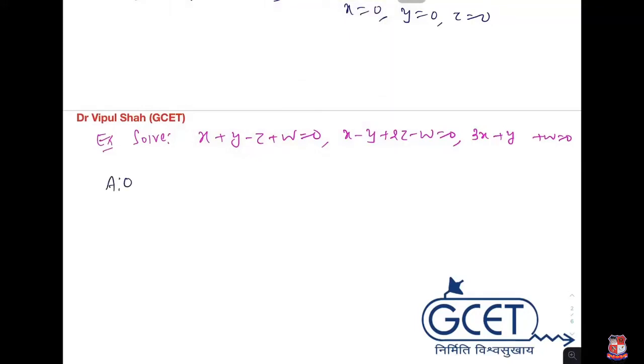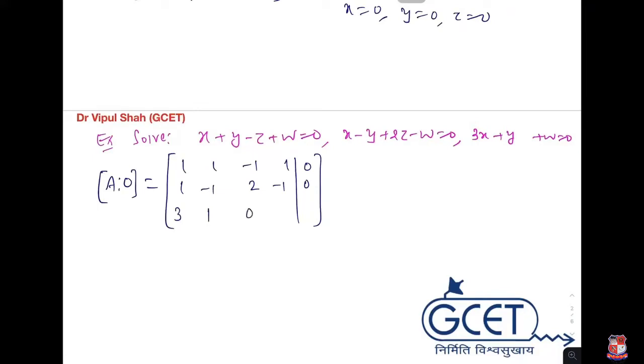So now let us have the augmented matrix. 1 1 minus 1 1 0, 1 minus 1 2 minus 1 0, this is 3 1, then there is no z, so 0 and 1 and 0.